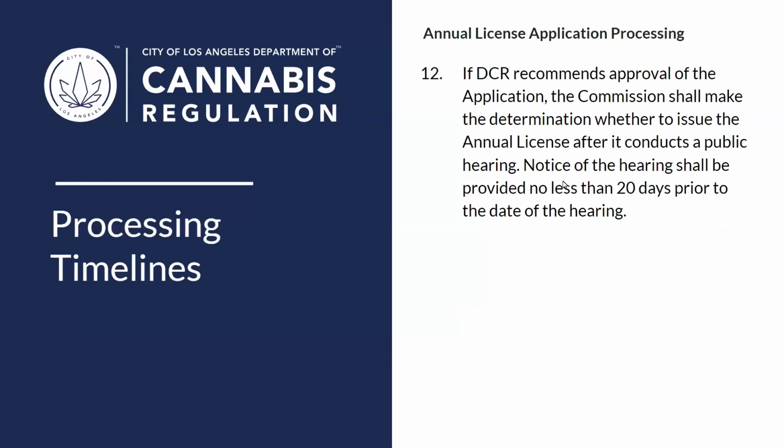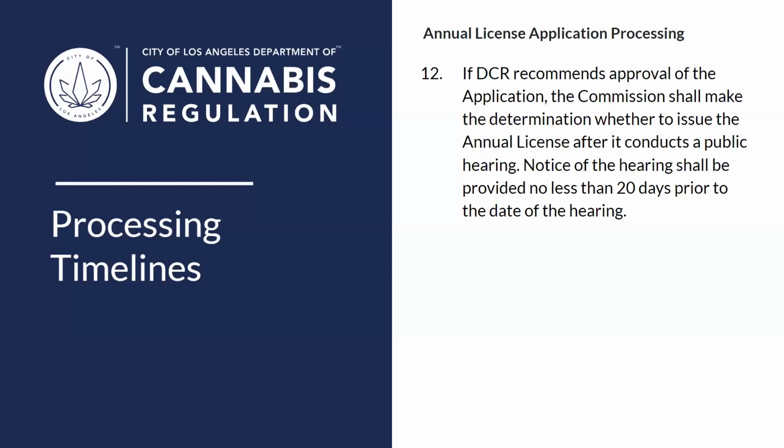If DCR recommends approval of the application, the commission shall make the determination of whether or not to issue the annual license after it conducts a public hearing. And the notice of the hearing needs to be provided no earlier than 20 days prior to the date of the hearing. Again, the commission meets on a bi-monthly basis.